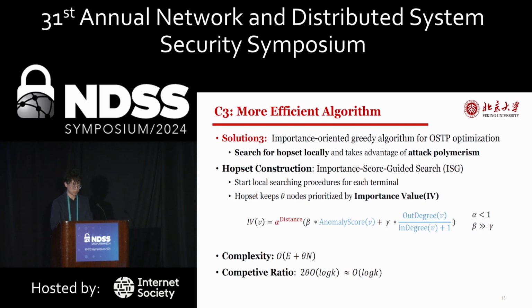Then we get the approximation solution of STP in the current time window. The complexity of our algorithm is O(E plus theta n), and the approximation ratio is 2 theta O(log k), which is comparable with the optimal greedy algorithm. The approximation ratio is the worst-case cost relative to the cost of an optimal solution.